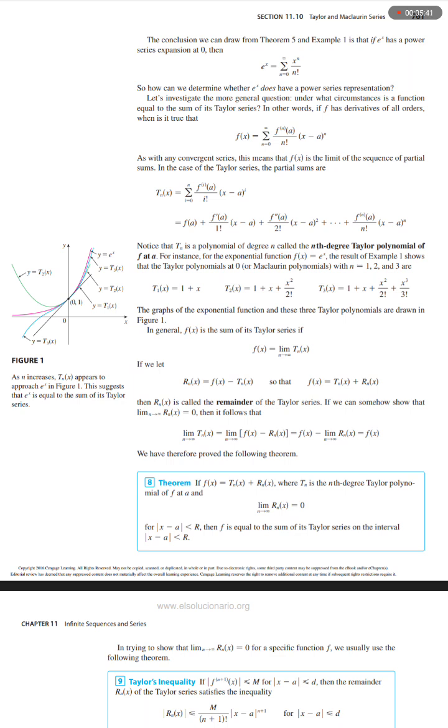The graphs of the exponential function and these three Taylor polynomials are drawn in figure 1.